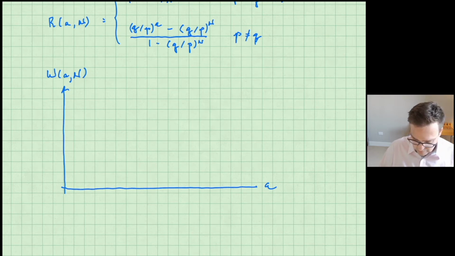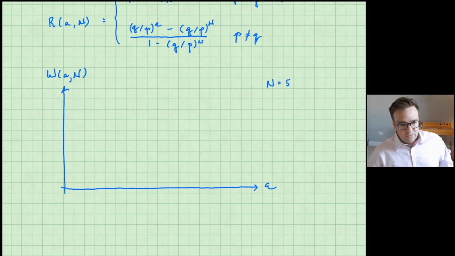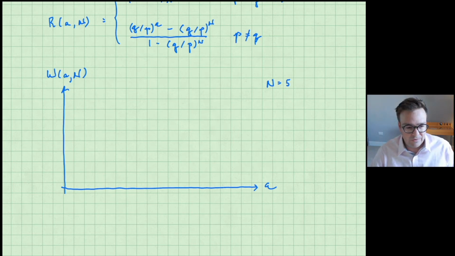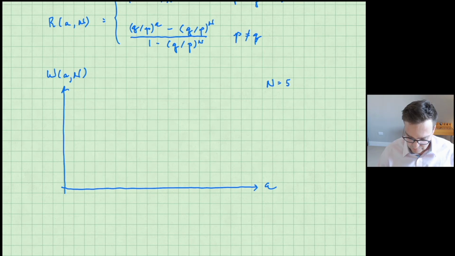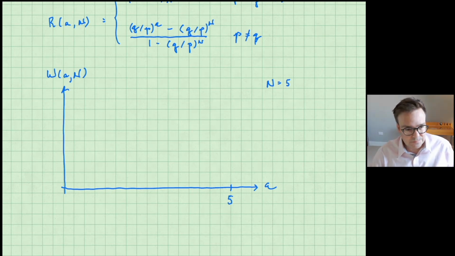We have to pick a value, so let's try the n equals 5 case. If n is 5, what's the largest value that we can have for the initial number of tokens for a? That's also 5, right? That means b has no tokens at the start.